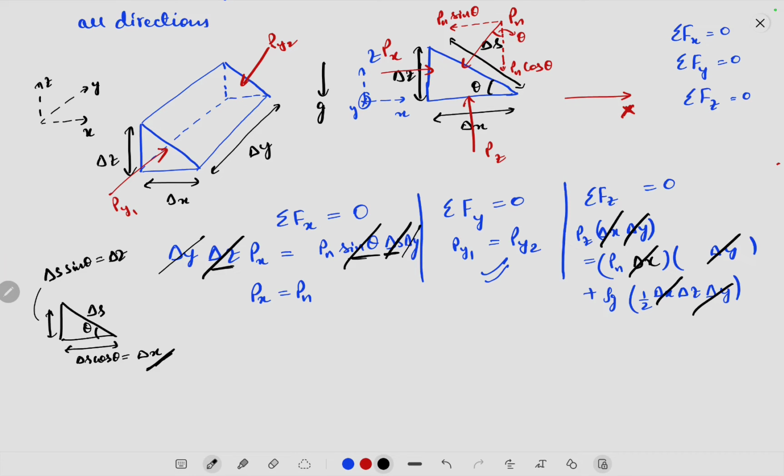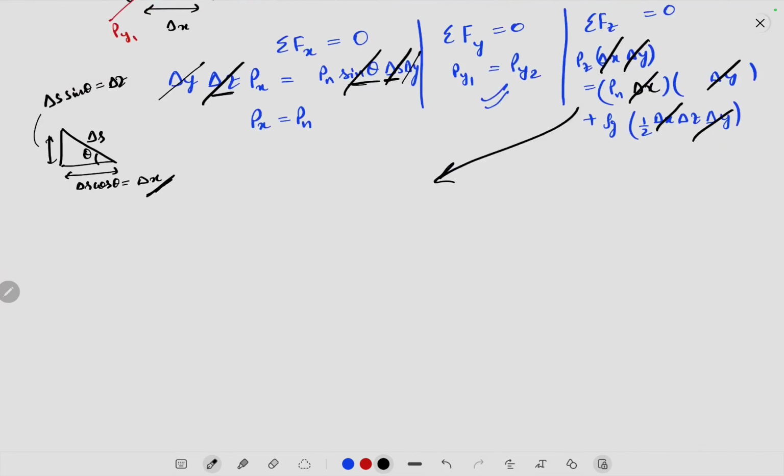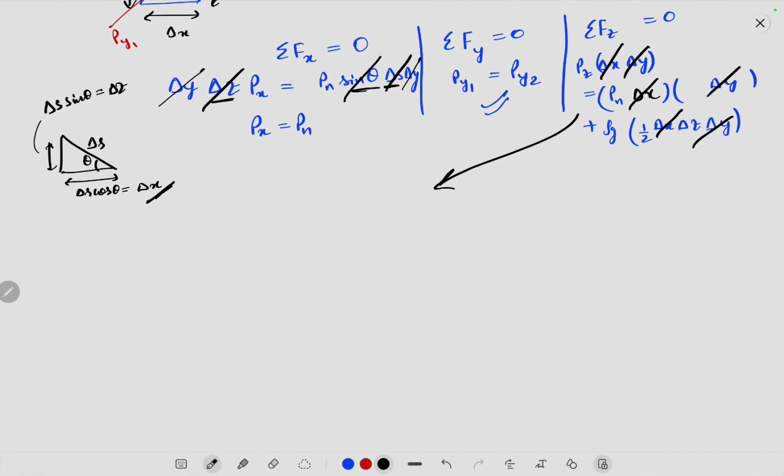So this expression, we are writing again, can be simplified to Pz equal to Pn plus half rho g times delta z, right?